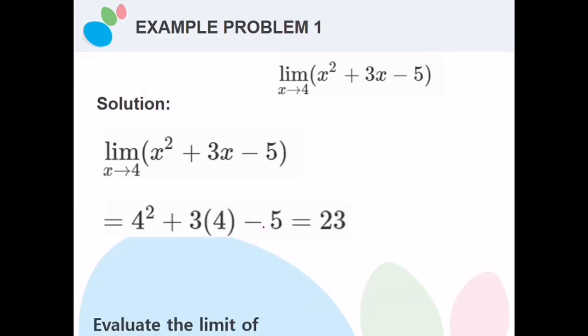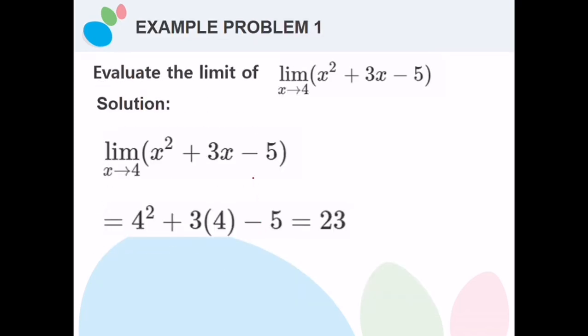Here is our first example. If we are going to evaluate the limit of x squared plus 3x minus 5 wherein x approaches 4, what we need to do is just substitute the value of x in the given function. Our given function is x squared plus 3x minus 5.